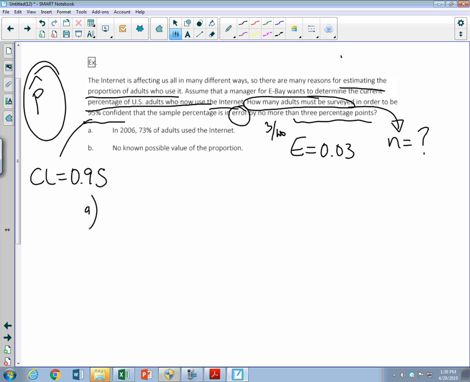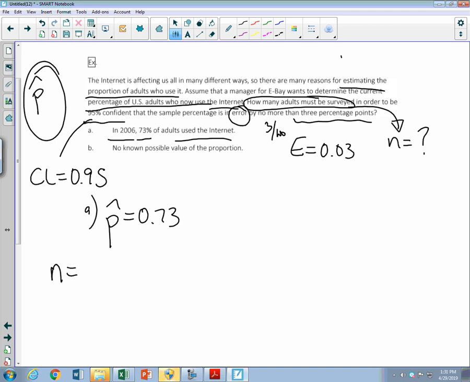So in 2006, we've got two different situations. In 2006, it says that 73% of adults used the internet. So in other words, in this example, we actually know what p-hat is. This is our p-hat, so we can jot that one down as well. And then let's just write the formula and work it out.